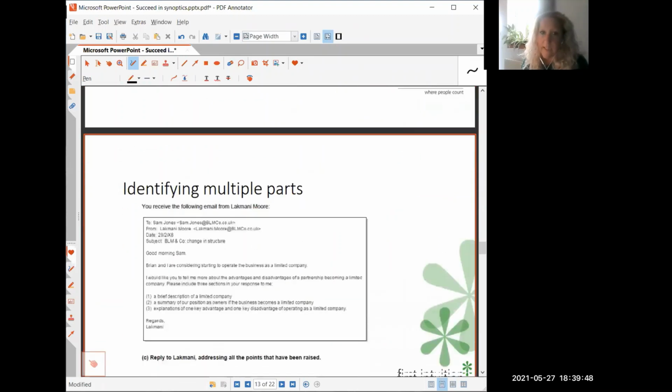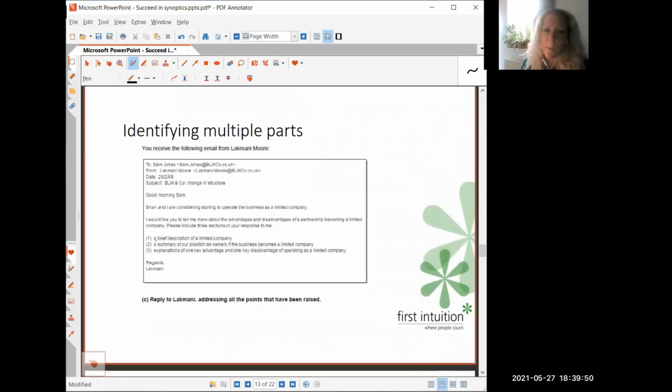And this is another example of a multiple part question. So this is from a level 3 question. You're being asked to reply to this email that you've received, addressing all the points that have been raised. So in the email, what points have been raised?